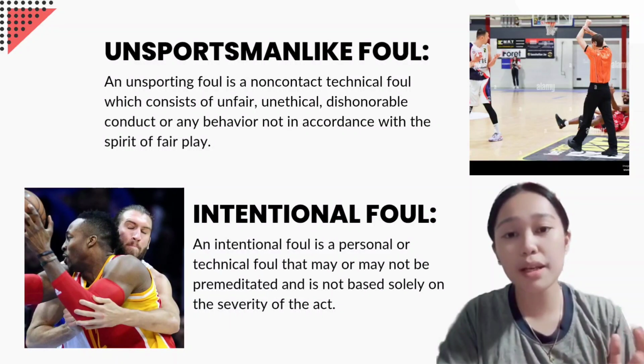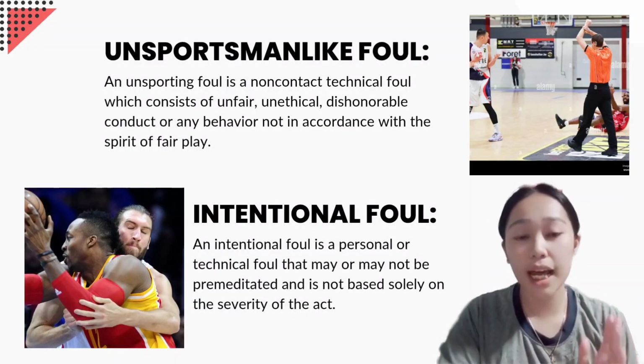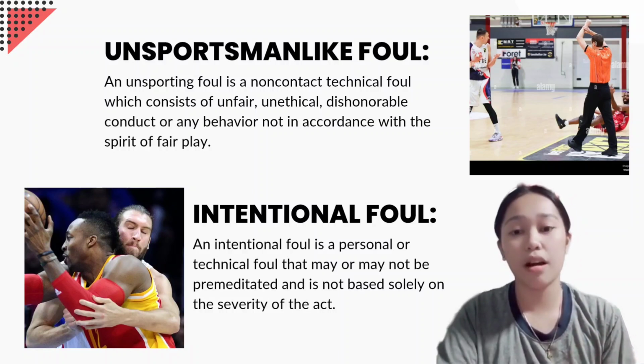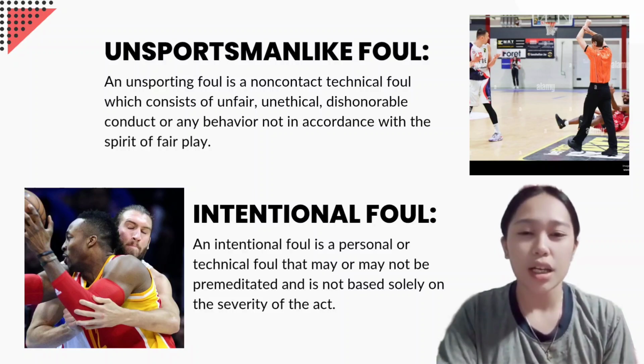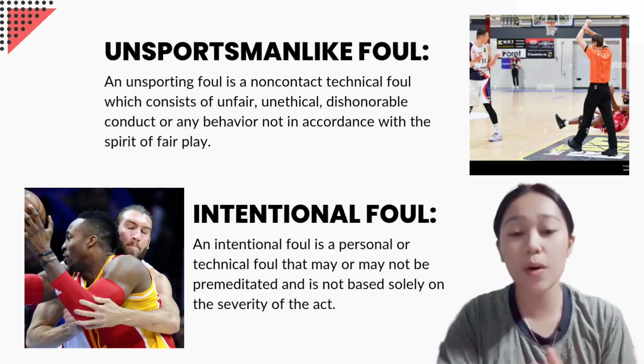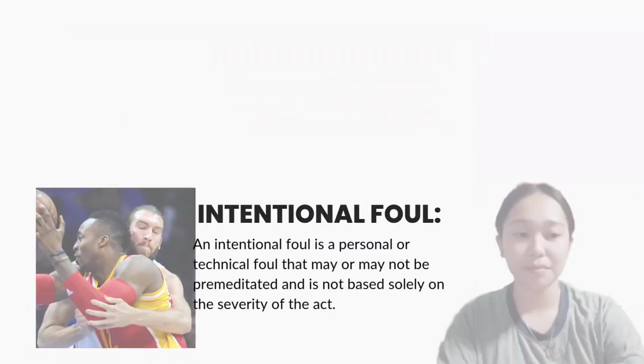An unsportsmanlike foul is a non-contact technical foul penalized for unfair, unethical, or dishonorable conduct that violates the spirit of fair play. It is essentially a penalty for actions that go against the principle of good sportsmanship.